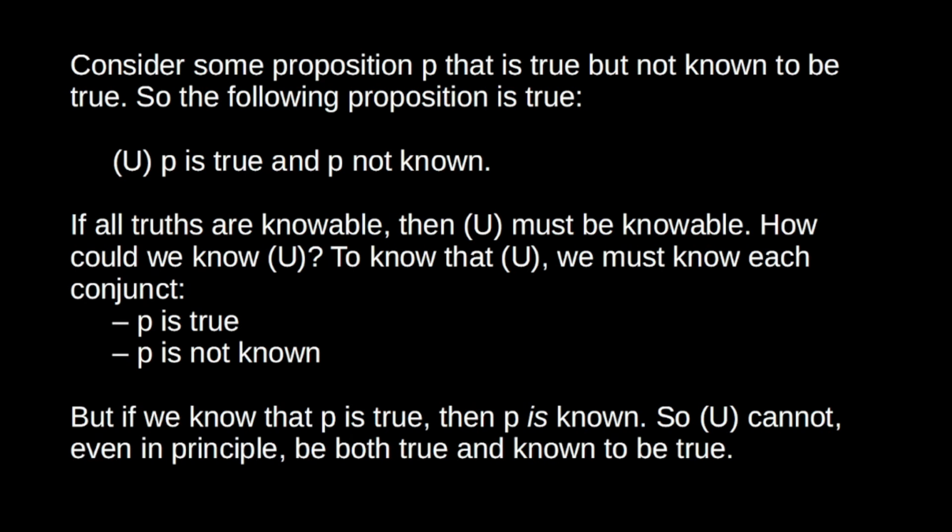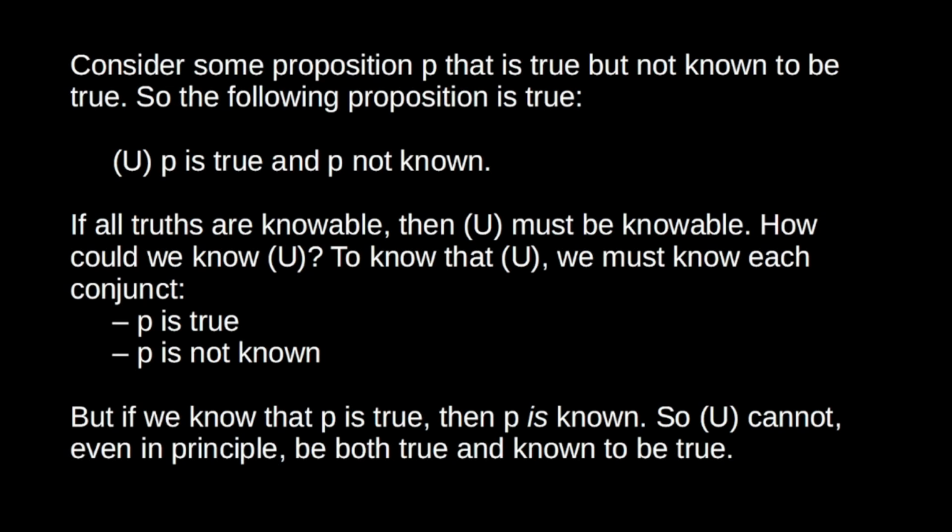I now know that P. So it would then be false that P is true and P is not known. So what this shows is that the sentence "P is true and P is not known" cannot, even in principle, be both true and known to be true.